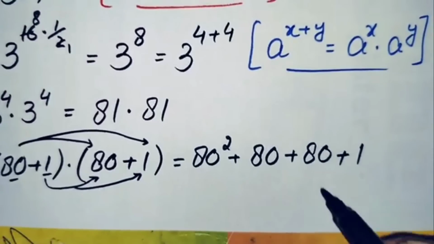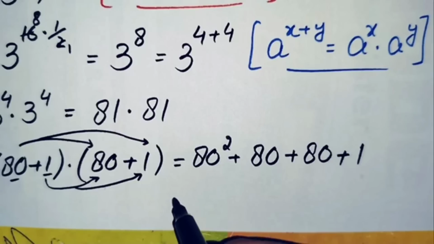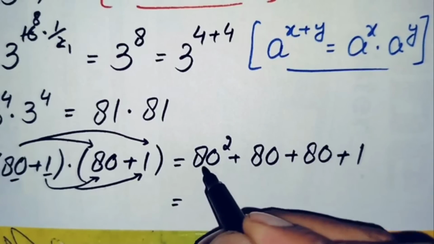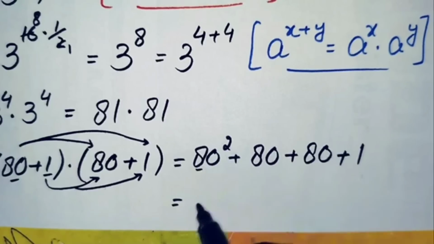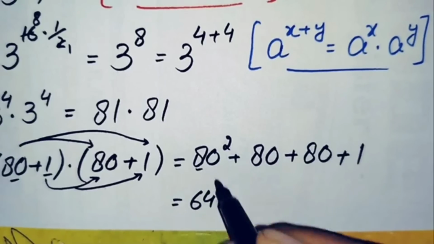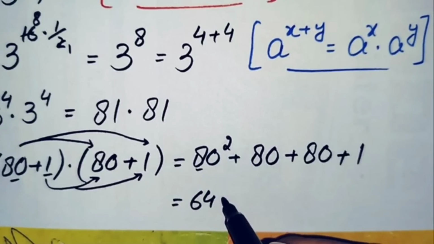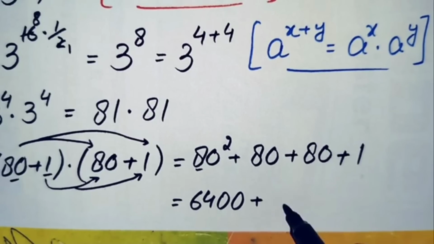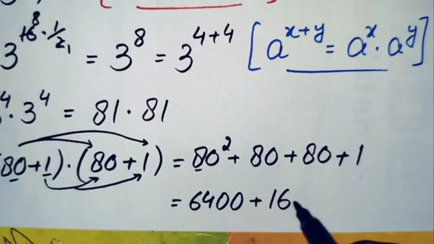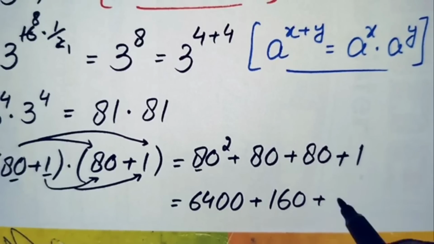Now what is the value of 80 square? 8 square is 64, and we will add these two zeros, so this will become 6400, plus 80 plus 80 is 160, plus 1.